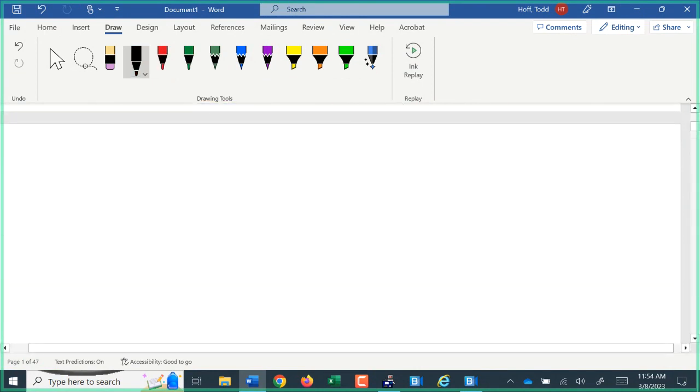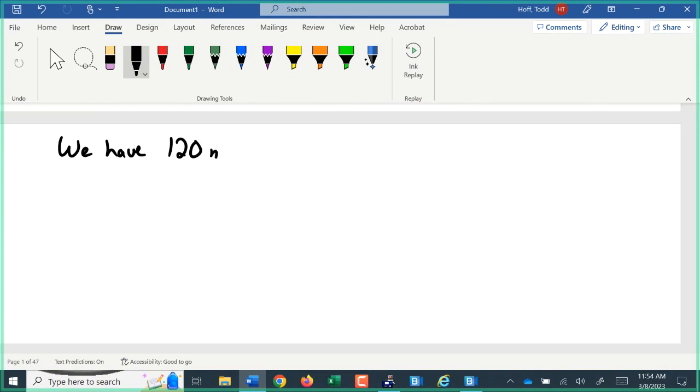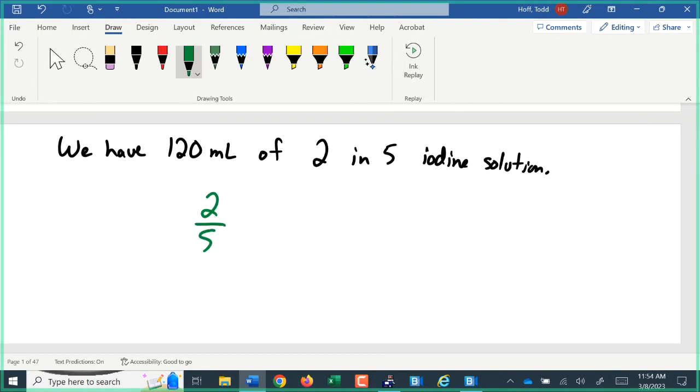So let's break this down a bit. If I tell you we have 120 milliliters of a 2 in 5 iodine solution, the 2 in 5 is our ratio. Remember, the 2 represents the serum, in this case the iodine, and the 5 represents the total solution.